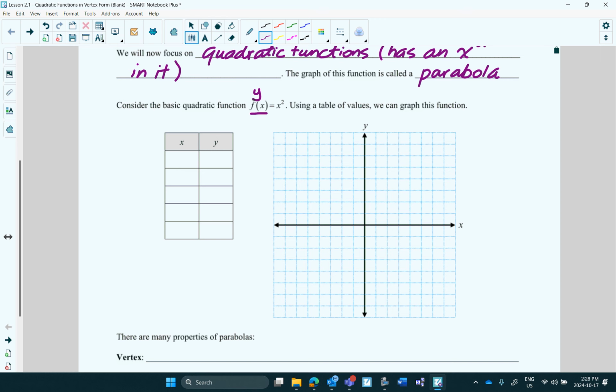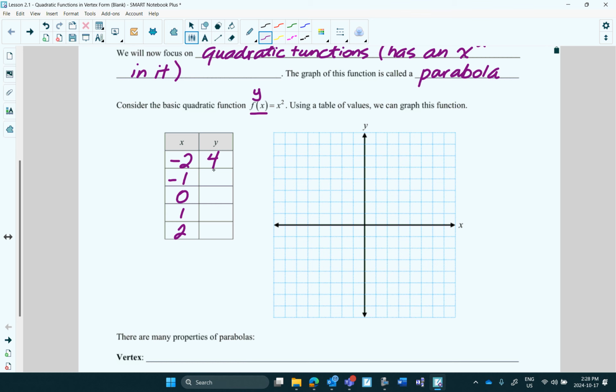Let's start with the table of values. And I'm going to choose these x's from -2 to +2. And that should give me an idea of the shape of the parabola. Although you guys already know what the shape's going to look like. So, if x is -2 and I plug it in here and I go -2 all squared, I get 4.